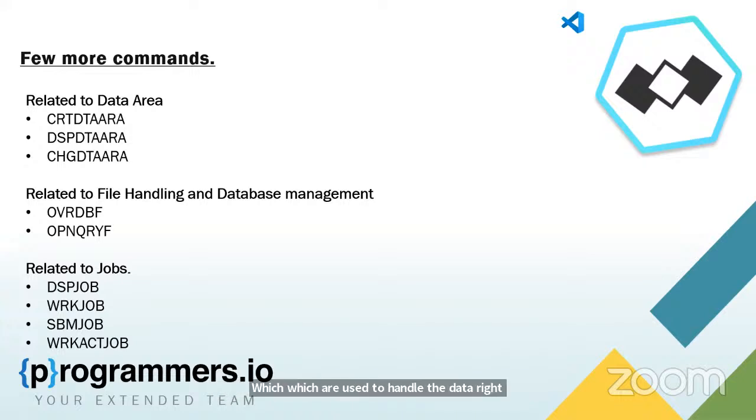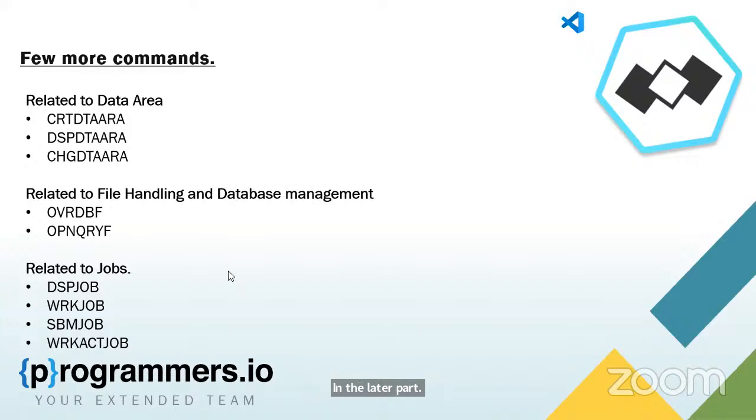You can filter the data and provide some temporary access path. You will get to see all these commands in the next sessions, along with job-related commands like display job, work job, submit job, and work active job, which you will learn in the upcoming sessions.